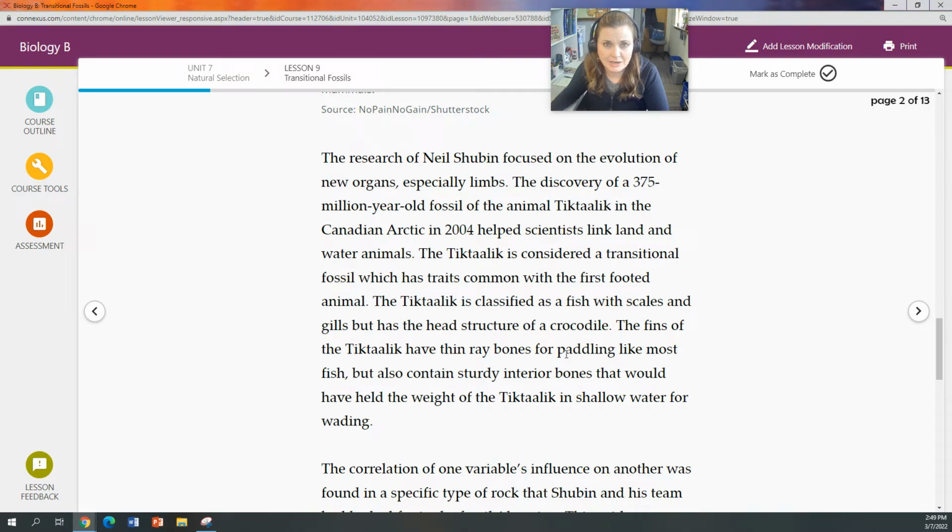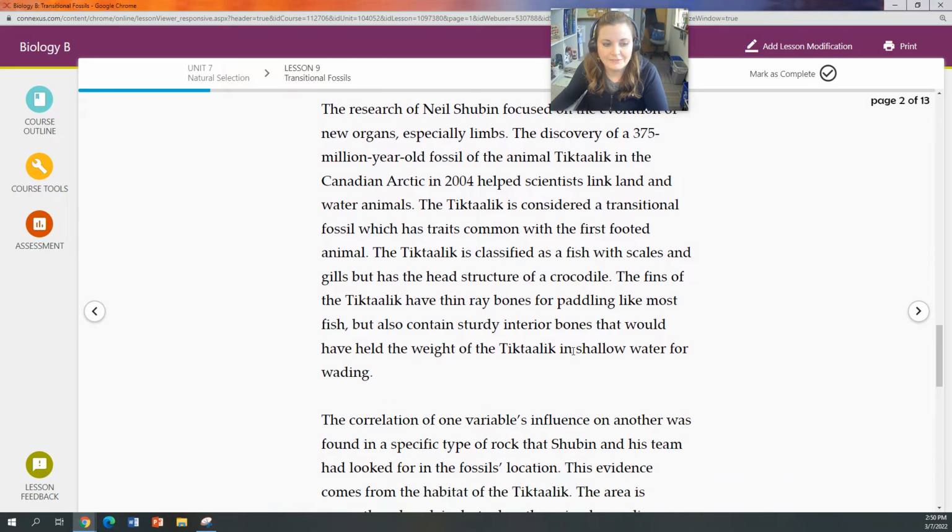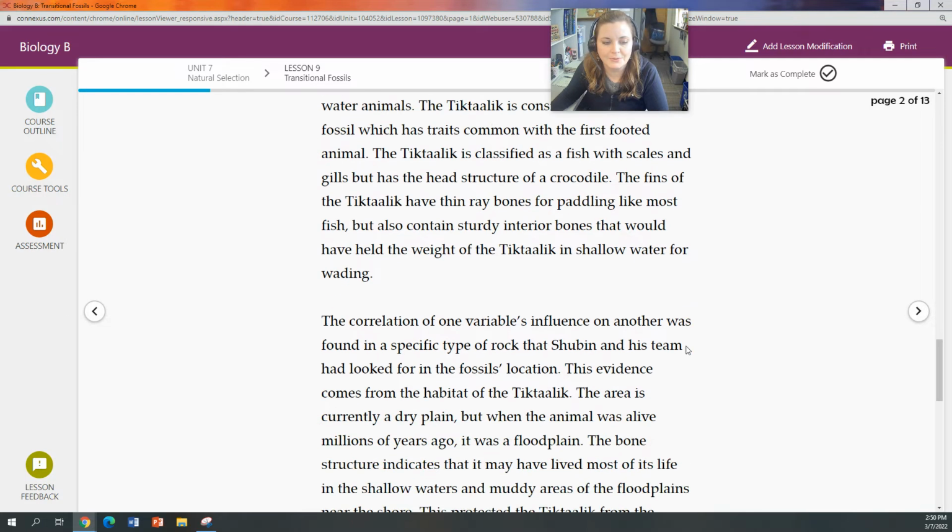It's a transition showing us an organism that was coming out of the water and living on land, but has characteristics that support it living in the water and on land. It is classified as a fish with scales and gills, but has the head structure of a crocodile. The fins of the Tiktaalik have thin ray bones for paddling like most fish, but also contain sturdy interior bones that would have held the weight of the Tiktaalik in shallow water for wading.